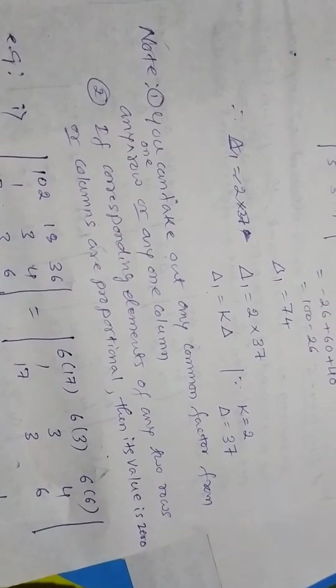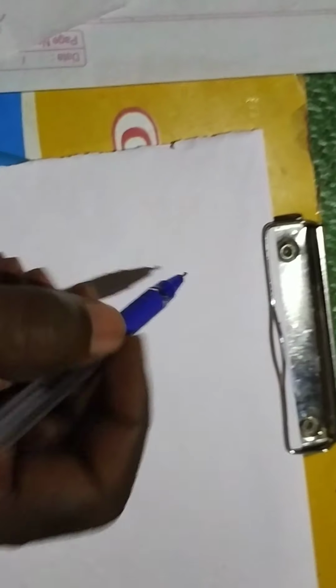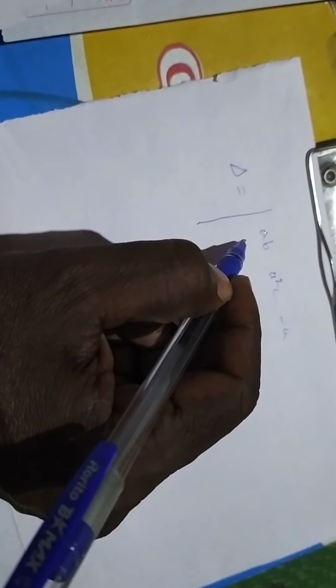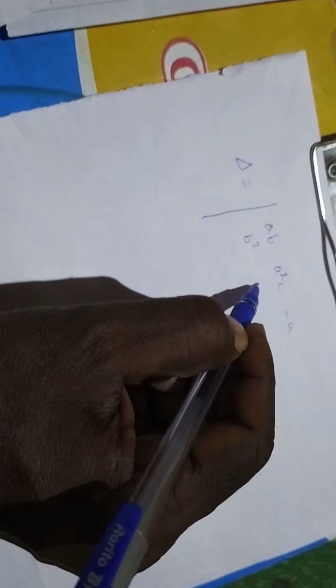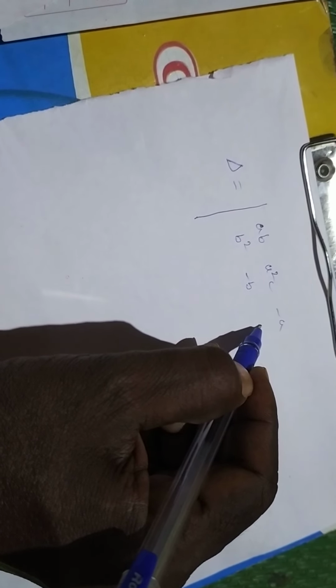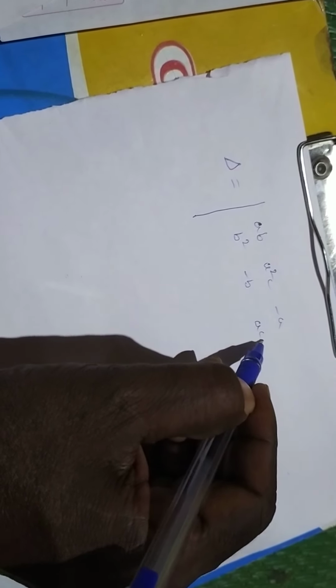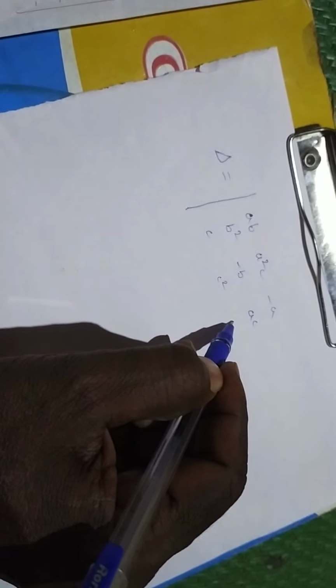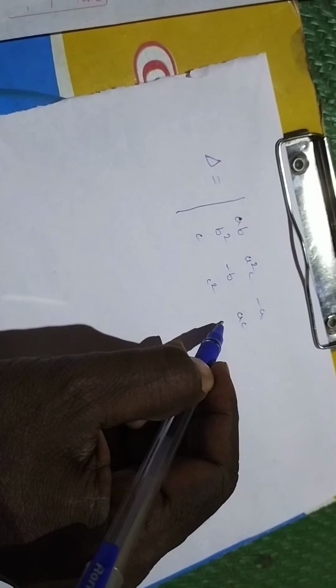According to this, see here, for example, I have a determinant delta equals A B, A square C minus A, B square minus B, A C, C square, C D.